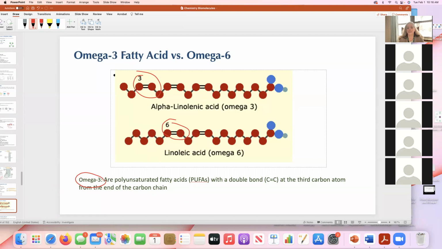They always have this double bond at the 3rd carbon atom from the end of the carbon chain. And we found that they have certain properties that we believe are healthier, okay? You'll find more of the oils that we use have this omega-6 structure, and that's okay, but we want to get the ratio so that you're actually getting more omega-3.